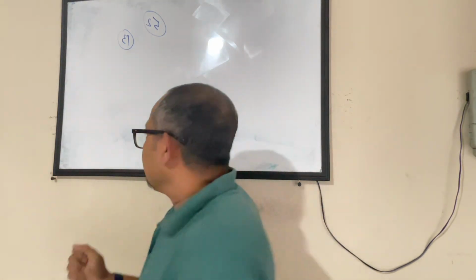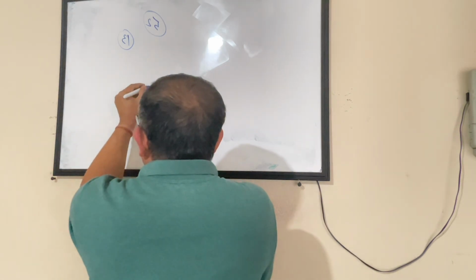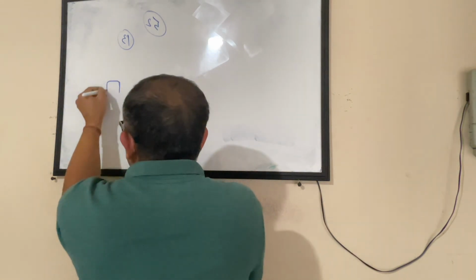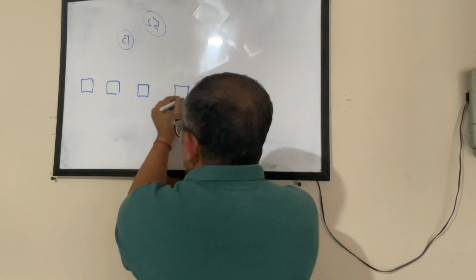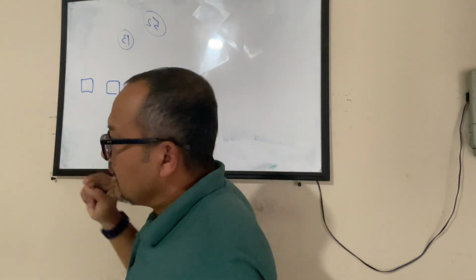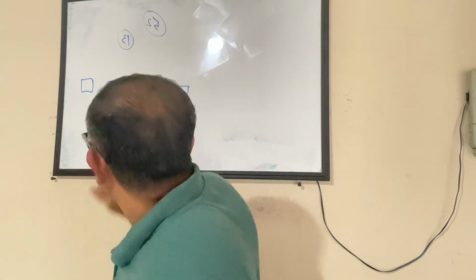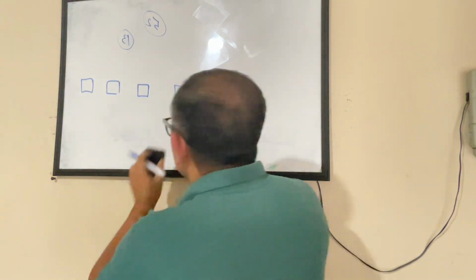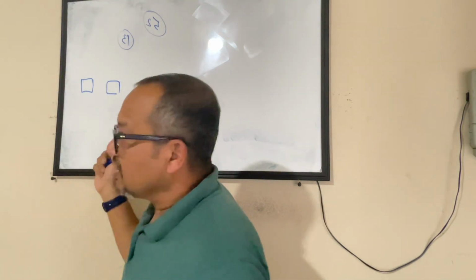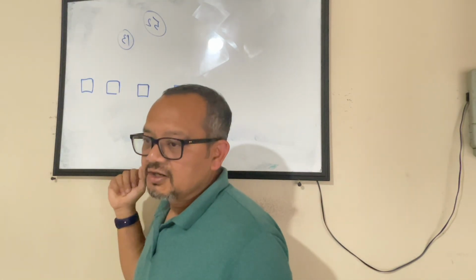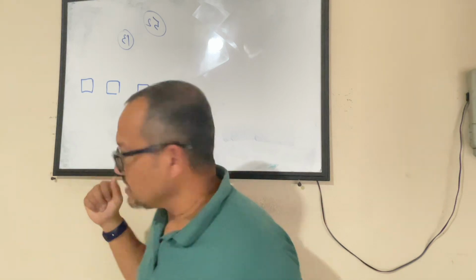Now, let's say we have 6 people playing cards. In how many ways can we distribute 9 cards to all these people?